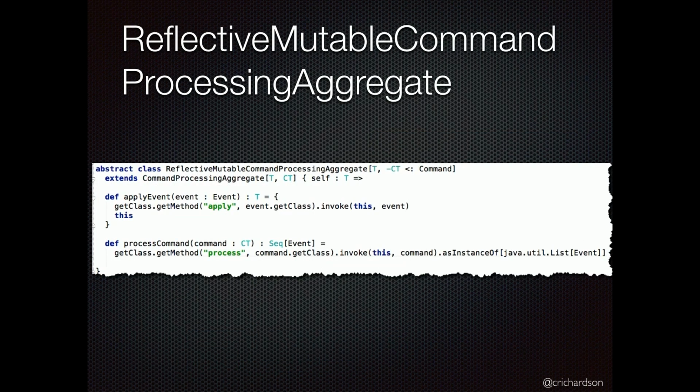And then to support this mutable object-oriented programming model, there's this wonderfully named class called reflective mutable command processing aggregate. Bit of a mouthful. But the big idea here is that it implements apply event and process command by using reflection. If you didn't use this abstract class, what you would have to do is write a lot of conditional logic, where you'd say if the type of event is this, then do that, else if it's this type, do something else.